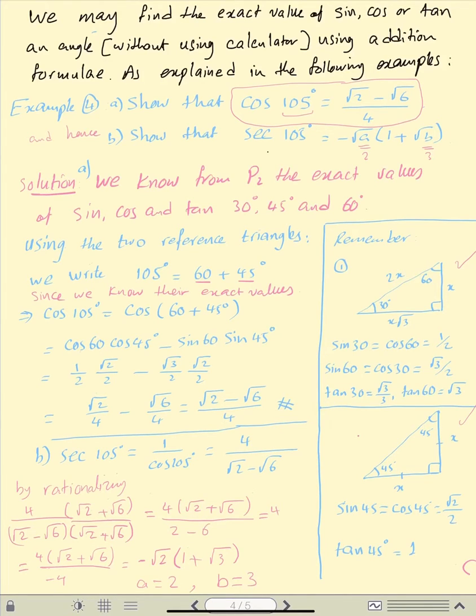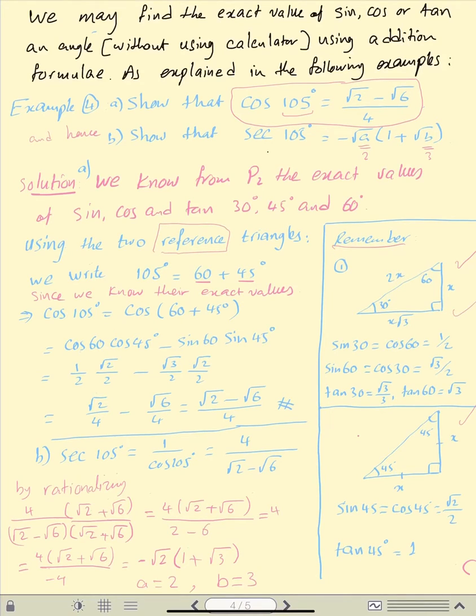We know from P2 the exact values. If you don't know, I reminded you here. We know sine and cosine and tan for some terminal reference angles, and we get these reference angles from reference triangles.